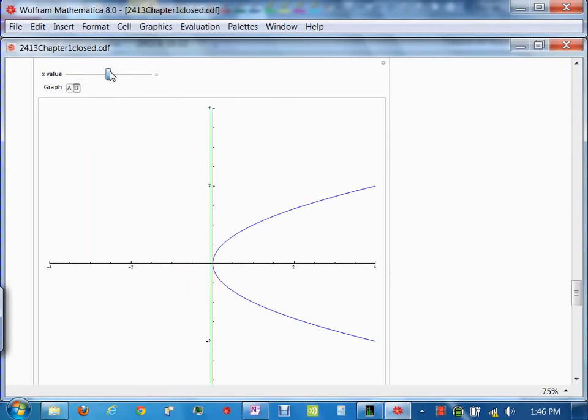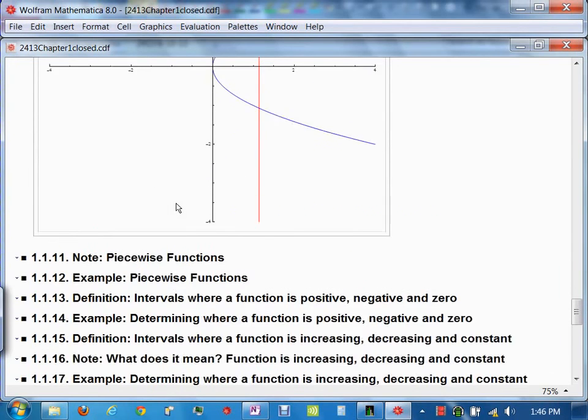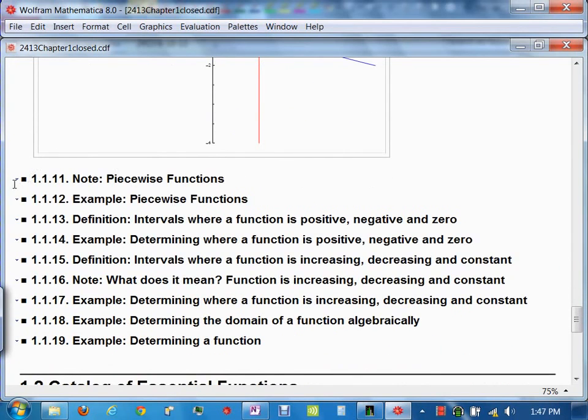Right on top. Is that a function? How many times do I hit it here? Once. That's okay, right? But as soon as I go to the right of 0, I'm done. And my line turned red to let you know, oops, not happening anymore. So I hit it at 2 places. This fails to be a function. Everyone, I think, has probably seen that.